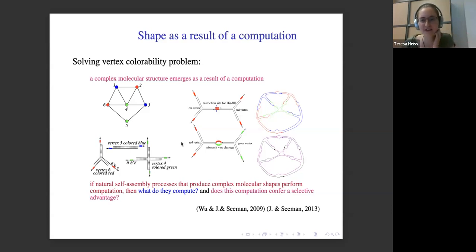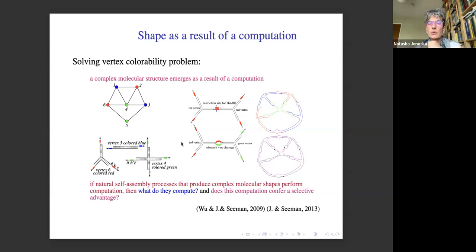Well, graph coloring has no connection to biology per se. What I was trying to say is that just through self-assembly and enzymatic activity, we obtained a very complex molecular structure like this, which provided us with lots of questions that are essentially biological questions, the ones that I wrote at the bottom.